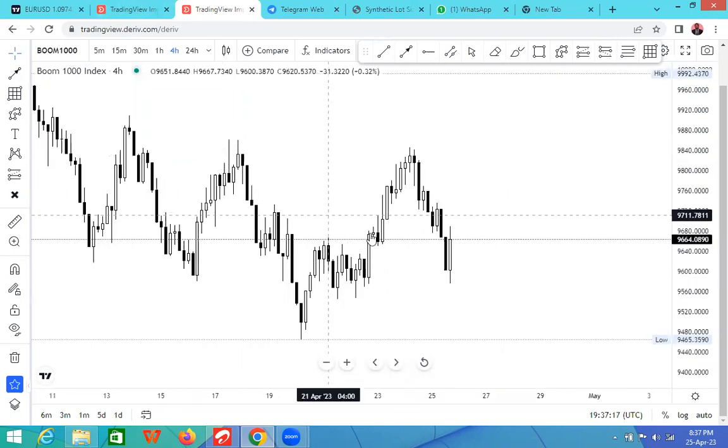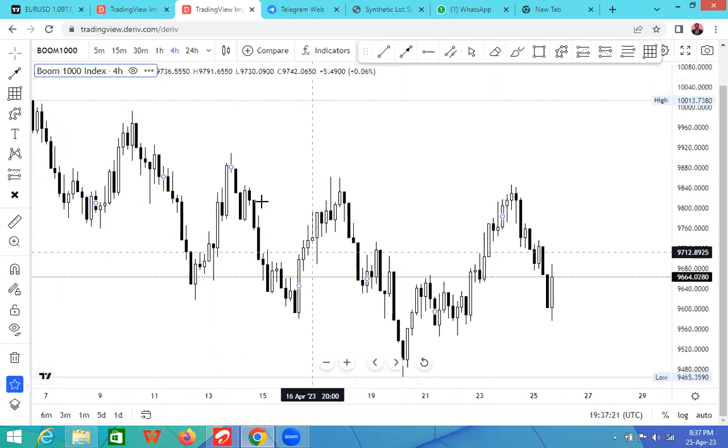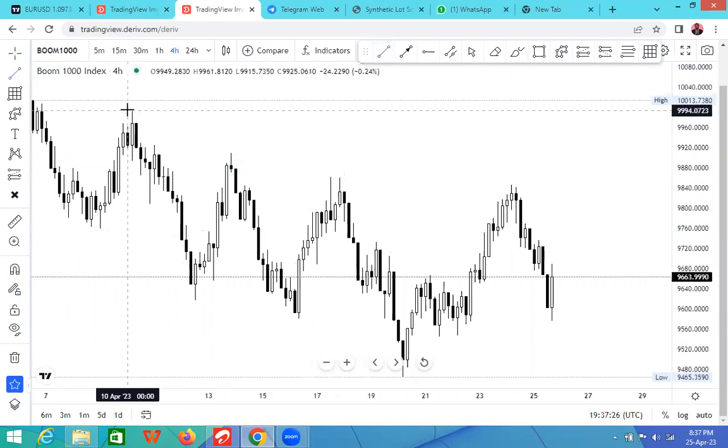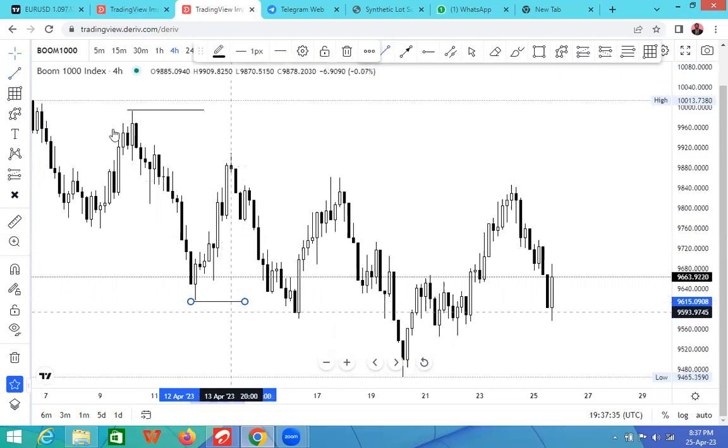Now we know from here that price has been bearish on Boom 1000 on this current time frame. I told us the first thing to identify is your range. So when price was here, this is your range high, this is your range low. Before price came back, this is your range high and range low.